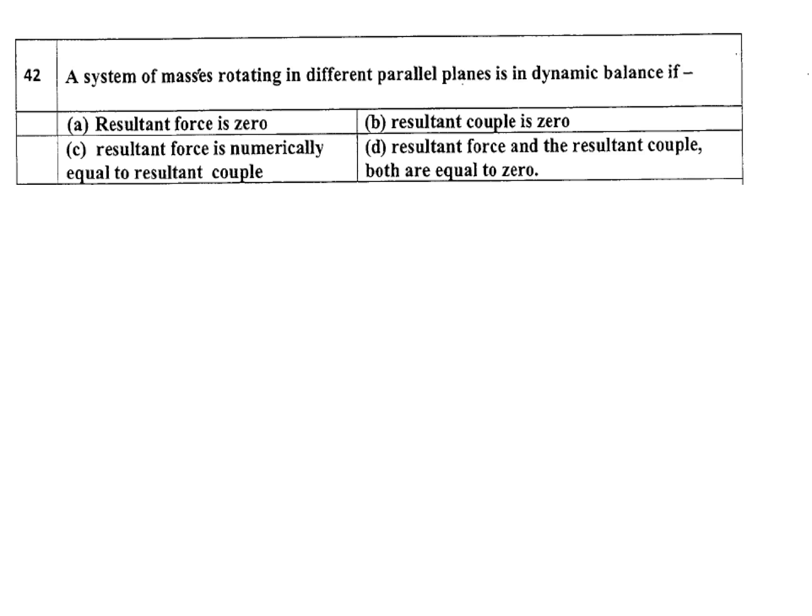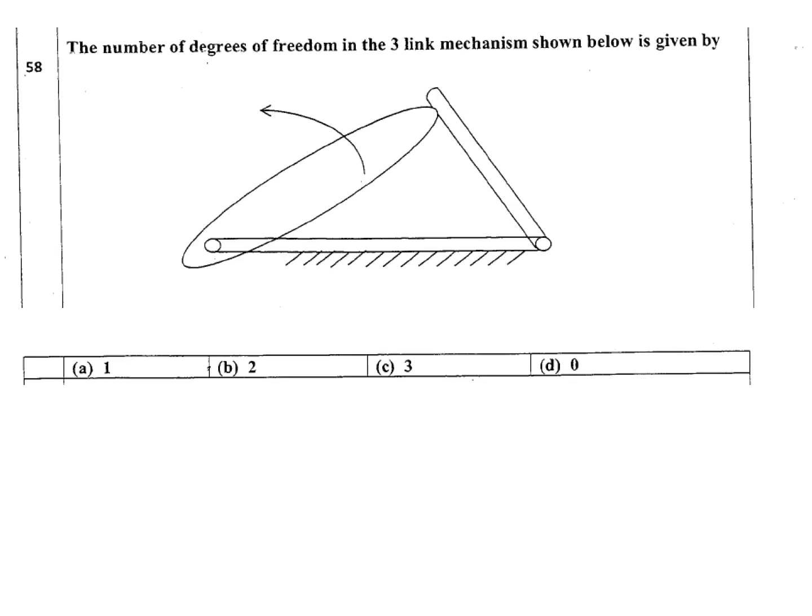The number of degrees of freedom in the 3-link mechanism as shown below is given by. This question was very important, so many times asked in IES. For GATE also this is important. So we'll number the links. This is link 1, then link 2, link 3.